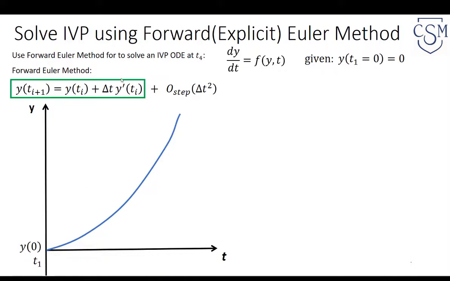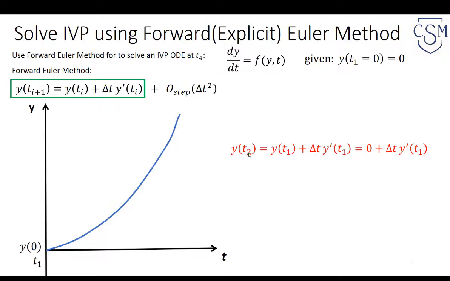So I'd like to take you through how forward Euler, or explicit Euler, can be used to solve an initial value problem using Euler's method. That is, we have this equation here, and we'd like to solve for the function y at time 4.